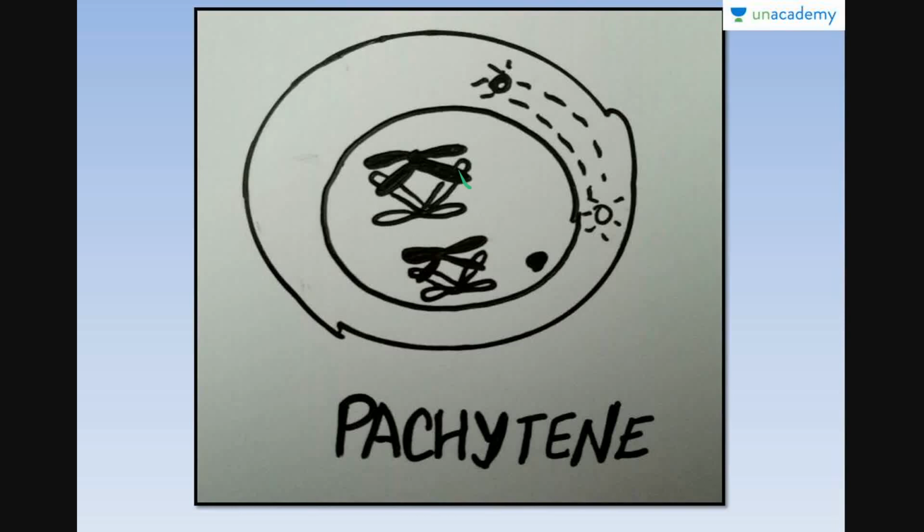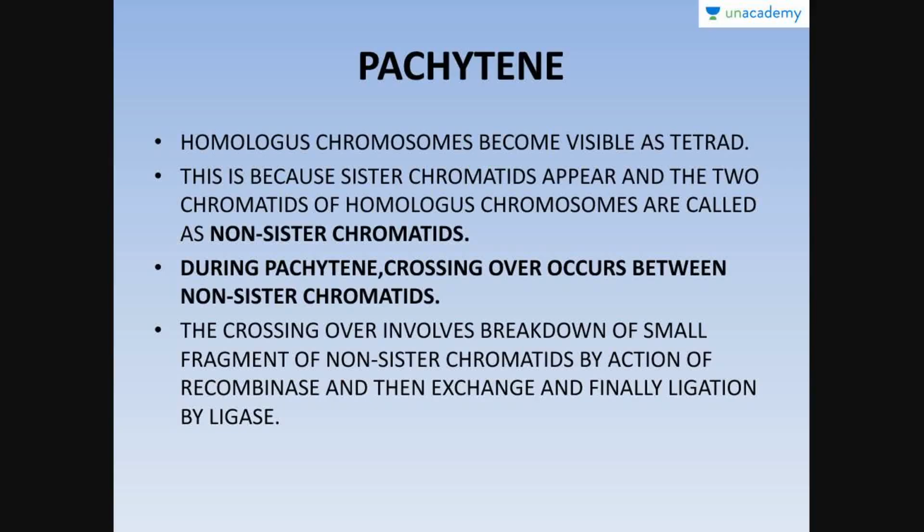Some fragment of this chromatid would go into the other chromatid. A part of a fragment of the non-sister chromatids is broken down by the action of the recombinase enzyme, and then exchanged with the other non-sister chromatid.